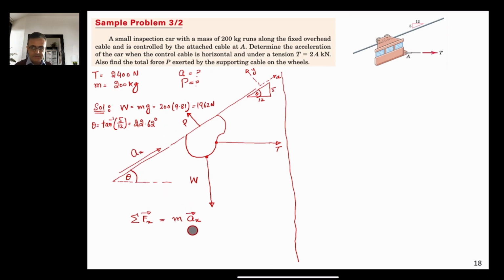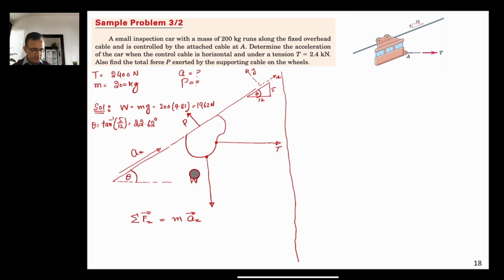This acceleration is in the x direction, or this is the component of acceleration in the x direction, so you don't need to write the arrow on top of it. Now we need to collect all the forces in the x direction, and we know m, and then it will give you the ax.